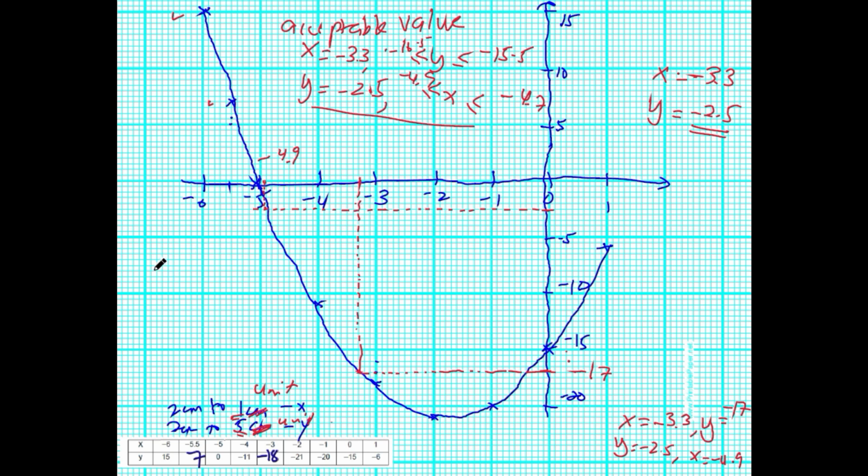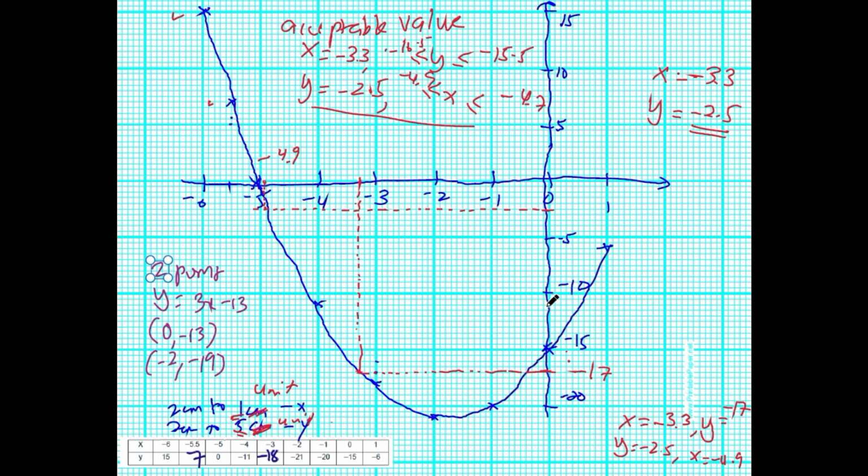So we have 2 points of y is equal to 3x minus 13, which is 0, negative 13, and negative 2, negative 19. So 0, negative 13 is here, which is 6 points below 10.